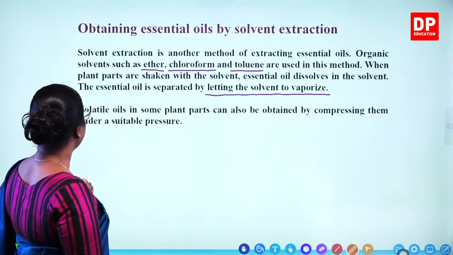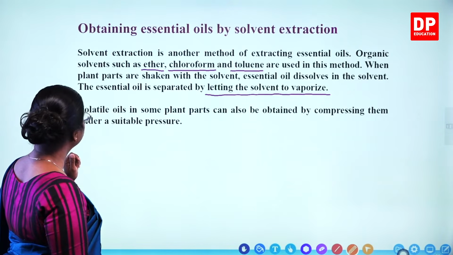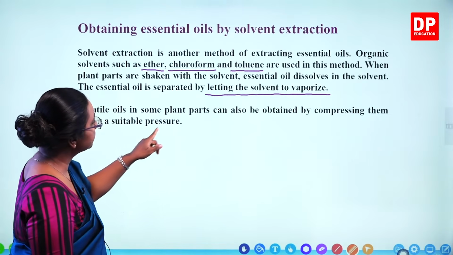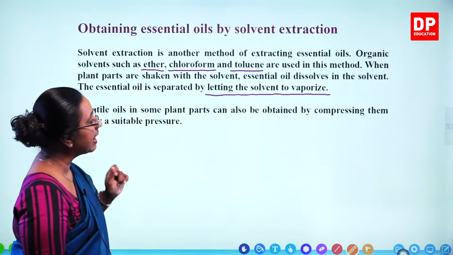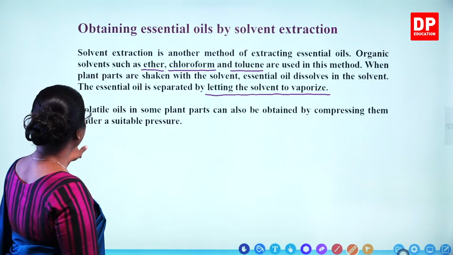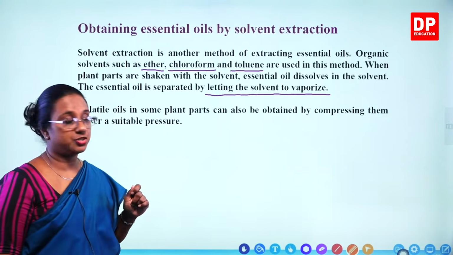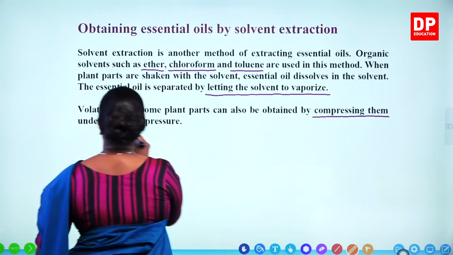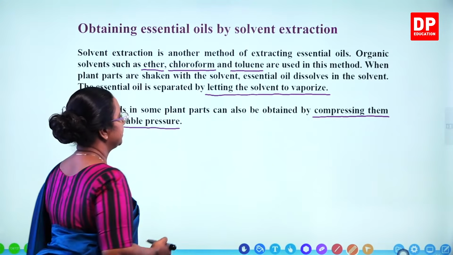Then the third type of separation method is this. Volatile oils in some plant parts can also be obtained by compressing them under a suitable pressure. So this is the third method of separation. Compressing them.